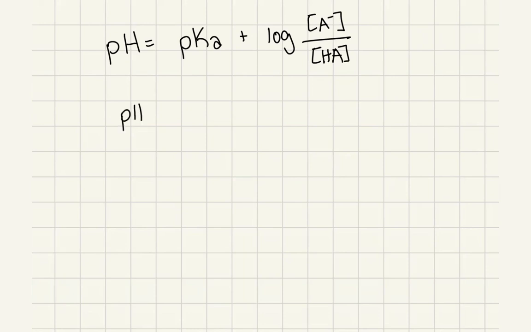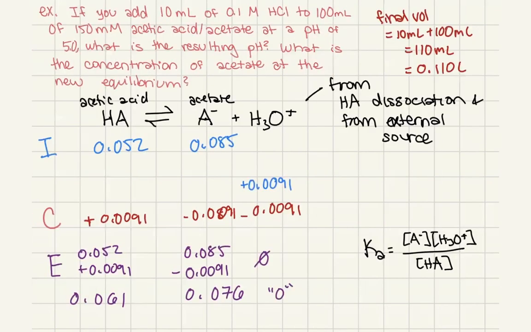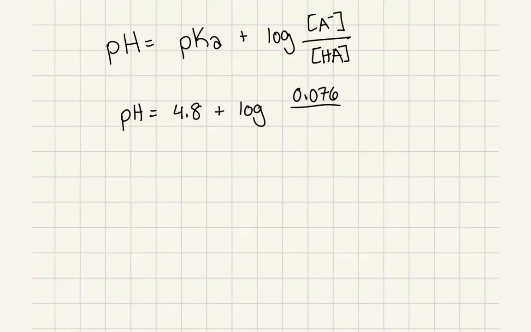Our pH is our same pKa that we've been talking about, 4.8, plus the log of our acetate, 0.076, over our acetic acid, 0.061. Solving this equation, we get that our pH is going to be 4.9.